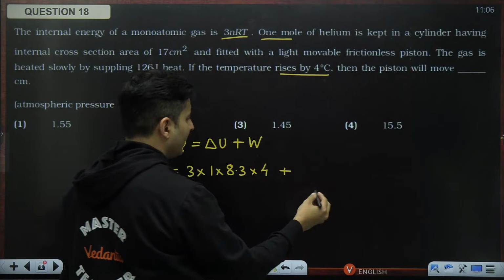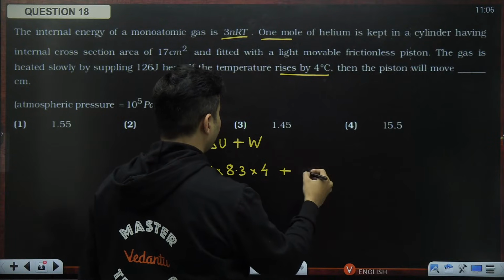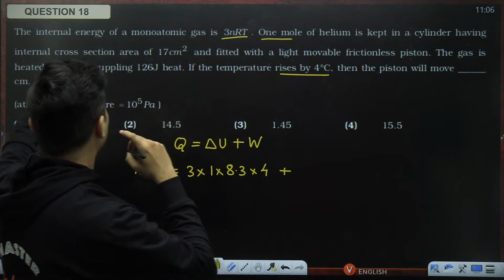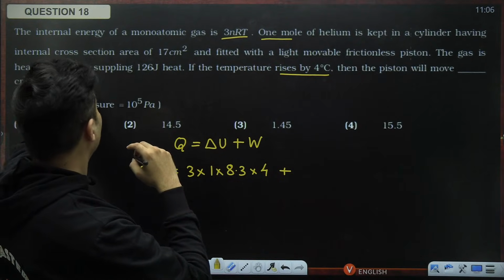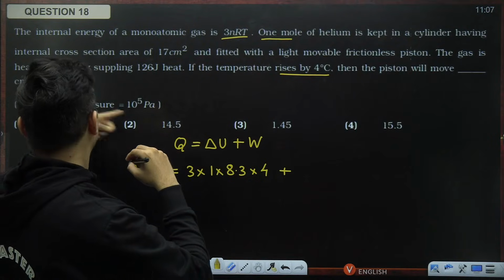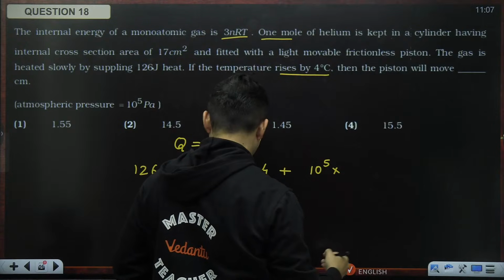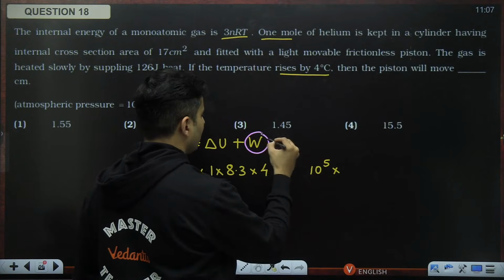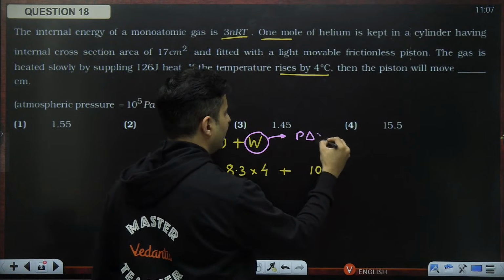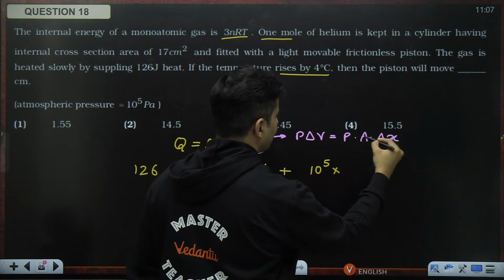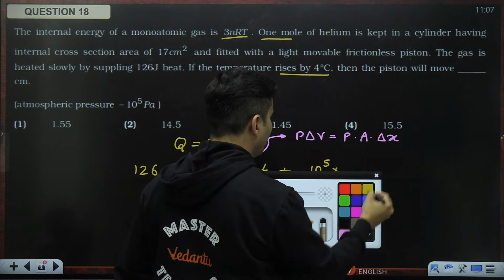Plus work done. Work done is pressure into delta V. Is the pressure mentioned? Atmospheric pressure, yes, 10 raised to 5 into delta V. Delta V means area multiplied by delta X. So pressure is there, area you put in.